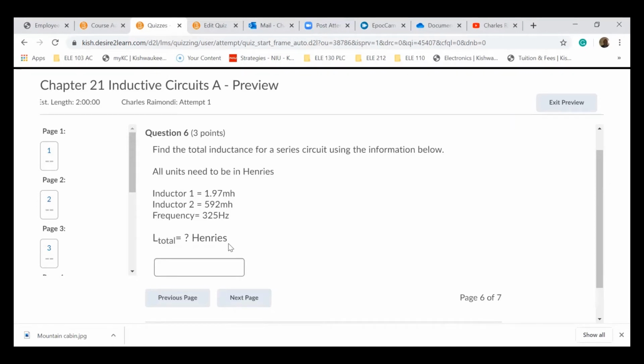All right, I'm just looking at something. Total inductance for a series circuit. How do you find total inductance in a series circuit? Just add them together, right? Yep, L1 plus L2.